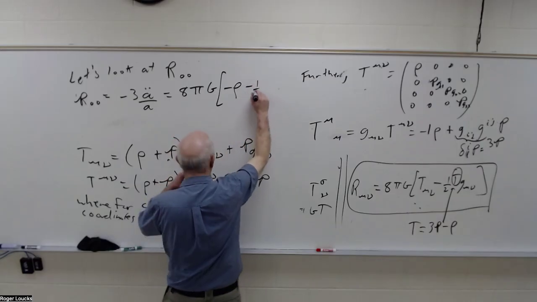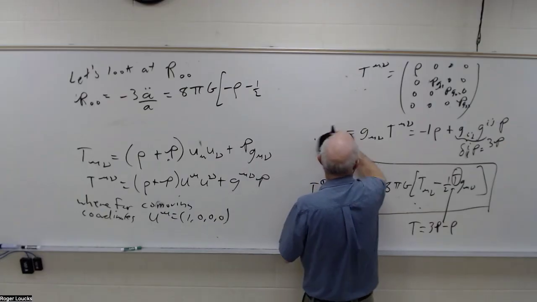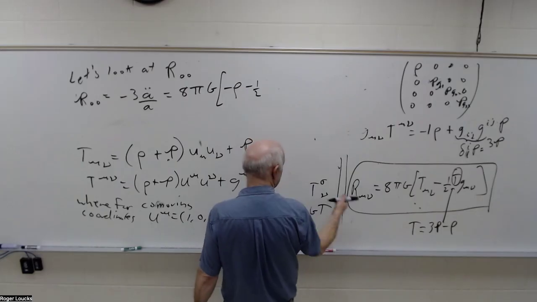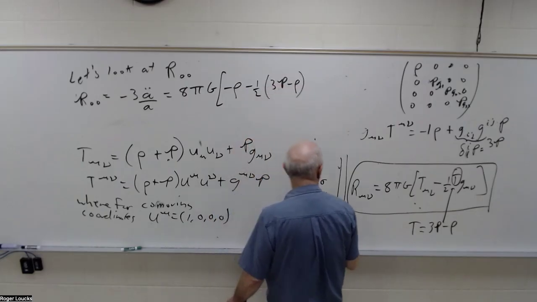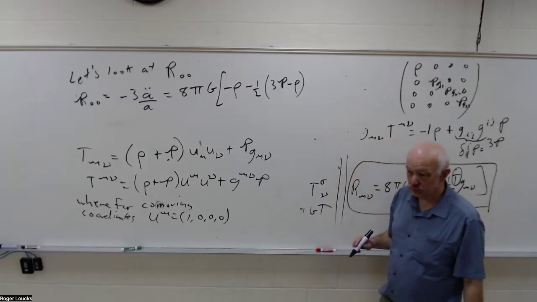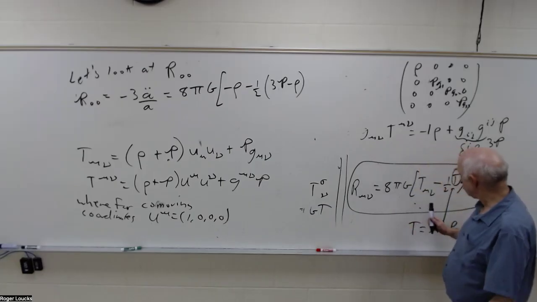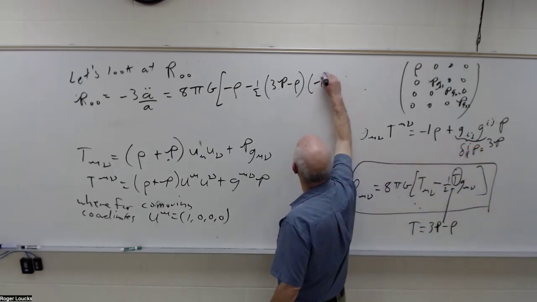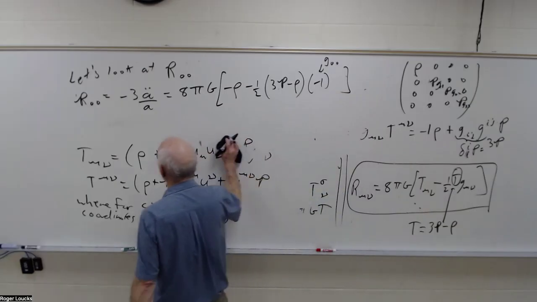Then minus 1/2 of T, which is my buddy here, times g00, which is negative 1. So that's another -1 here. And what does that become?